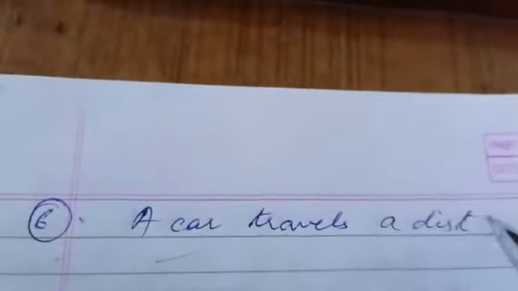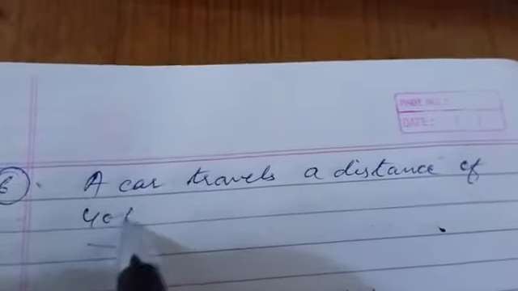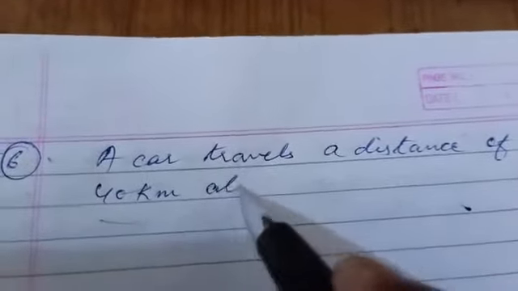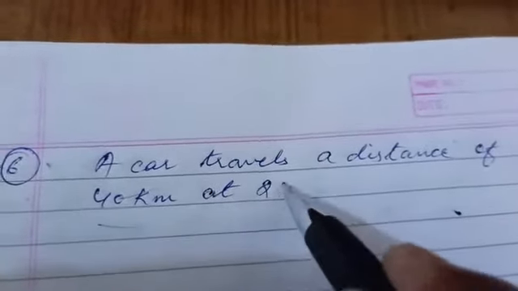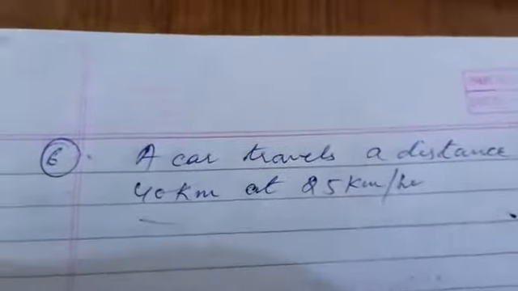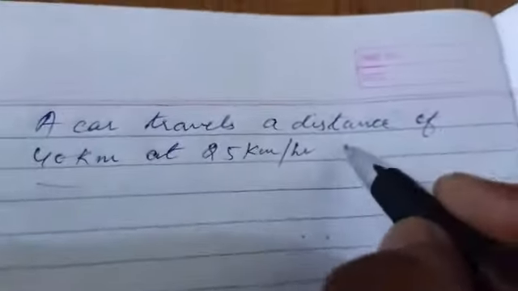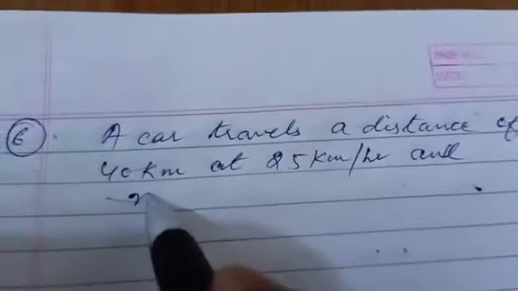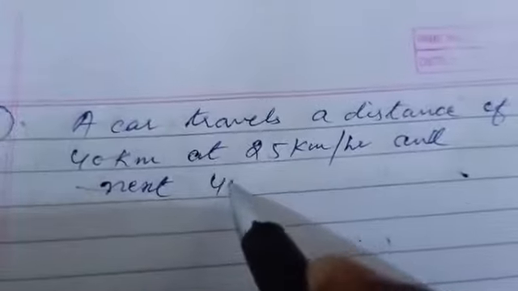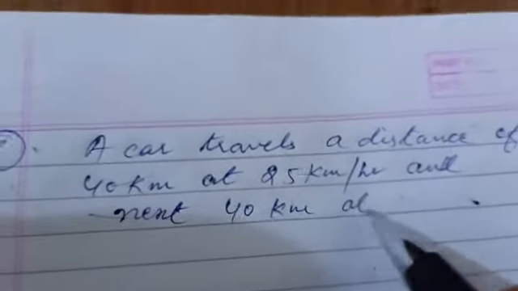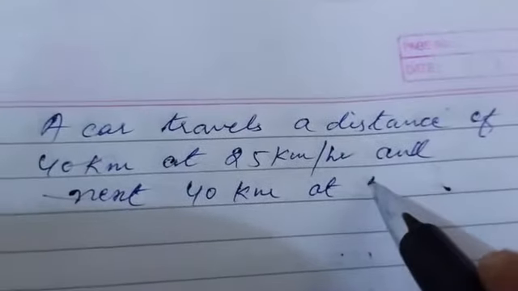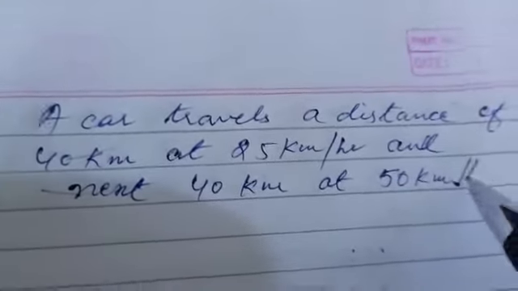A car travels a distance of 40 kilometer at 25 kilometer per hour, and next 40 kilometer at 50 kilometer per hour.